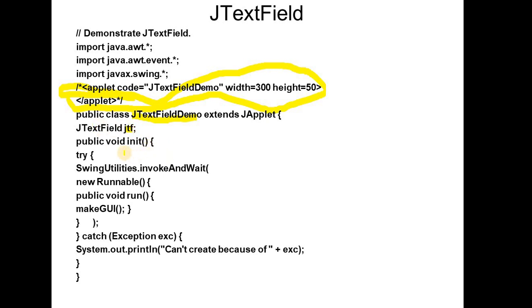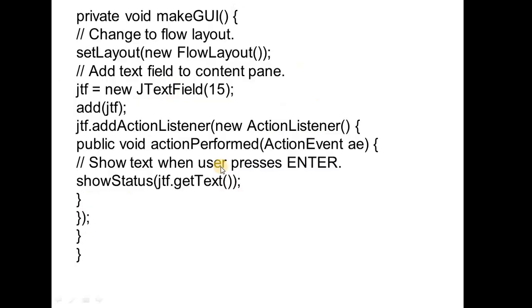Next, in the init method of that applet, I am creating a new thread, an event dispatching thread. As I told you, in Swing, whenever you want to create a new GUI, you need to create an event dispatching thread. In the run method of that thread, I am going to call the makeGUI method. Over here we have this makeGUI method.